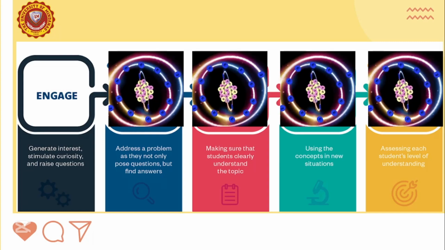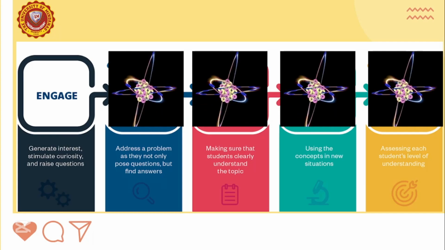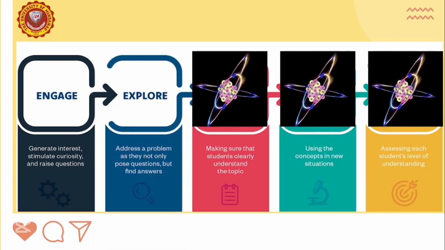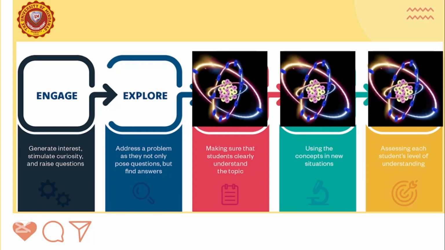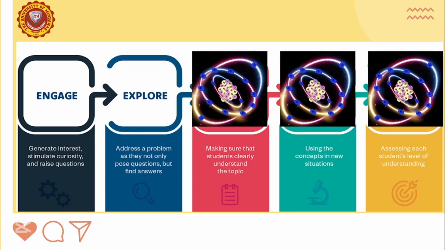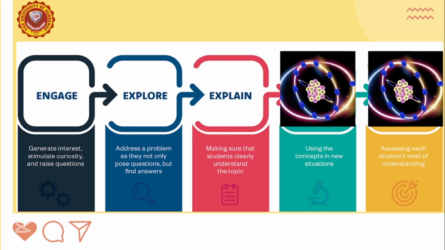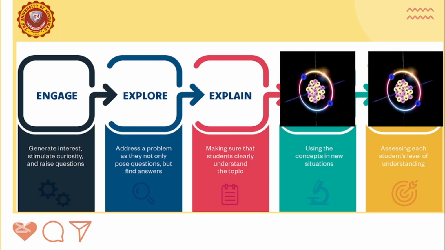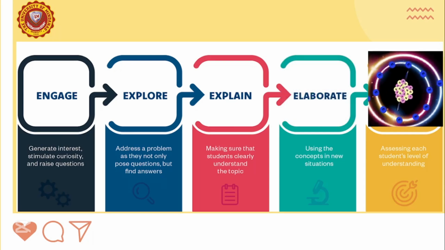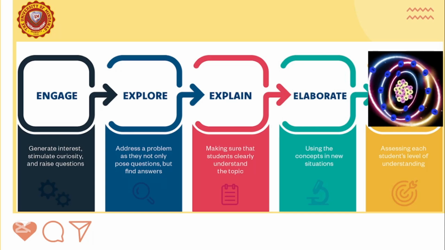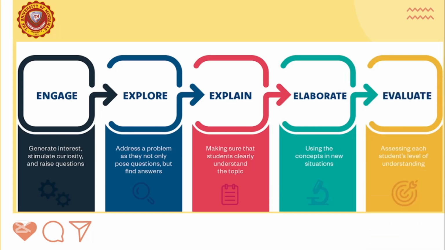Explore: address problems, as students not only pose questions but find answers. Explain: make sure that the students clearly understand the topic. Elaborate: use the concept in new situations. And of course, evaluate: assess each student's level of understanding.